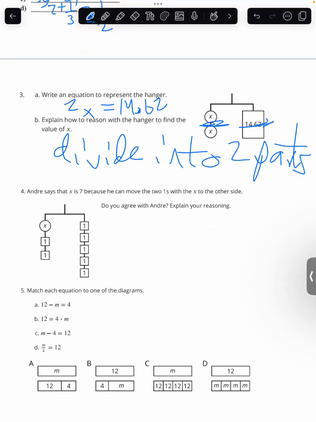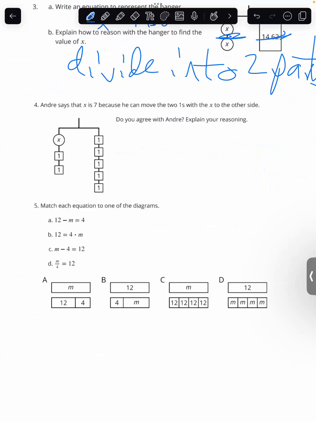Andre says that x is 7 because he can move the 2 ones with the x to the other side. He said, I'm going to move them over here. That's not correct, so that should be no. Because that's a completely different equation.